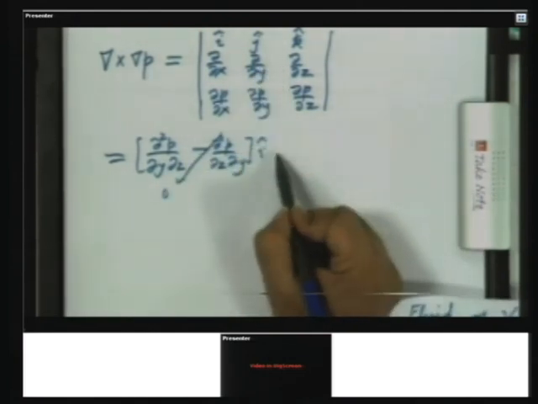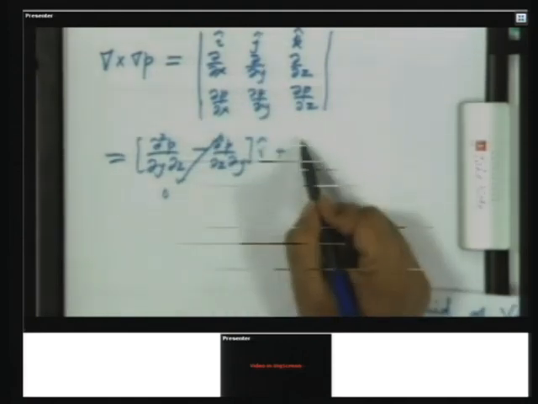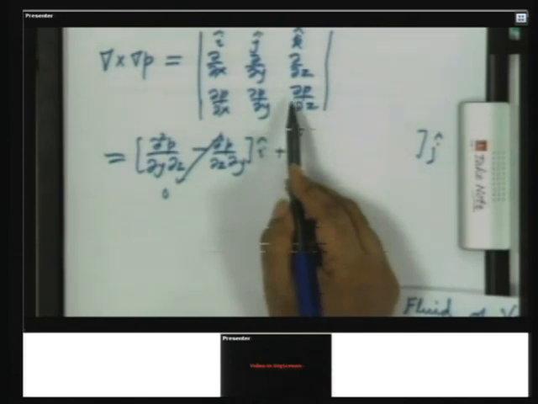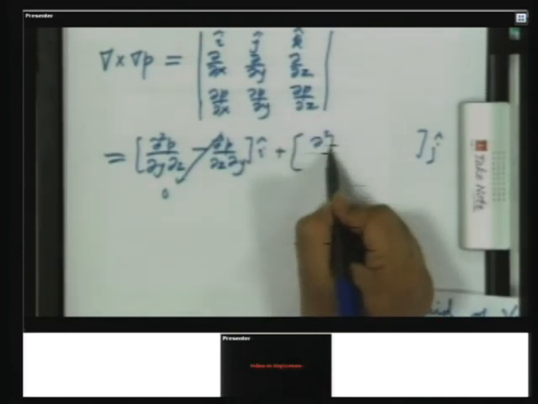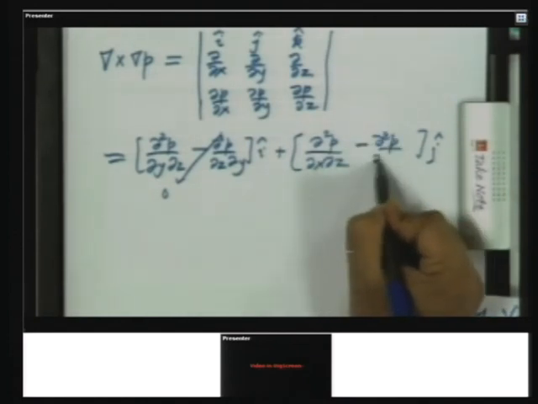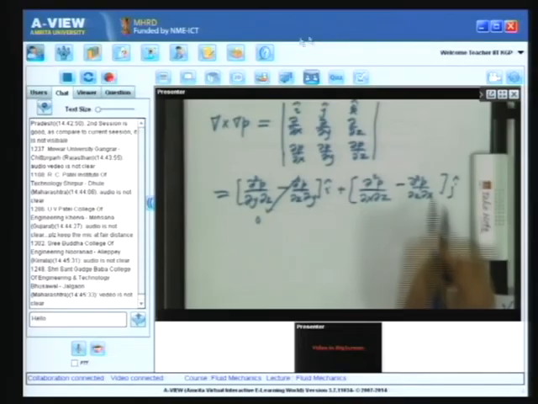Similarly, if you look at the other terms, for the j component, you are going to have del 2 p/del x del z minus del 2 p/del z del x.